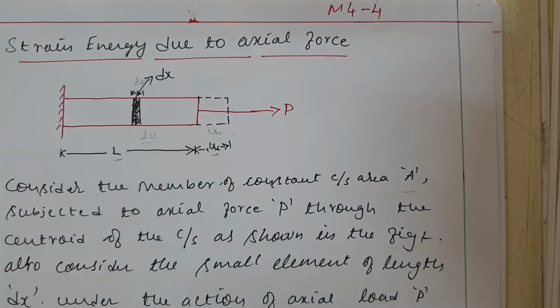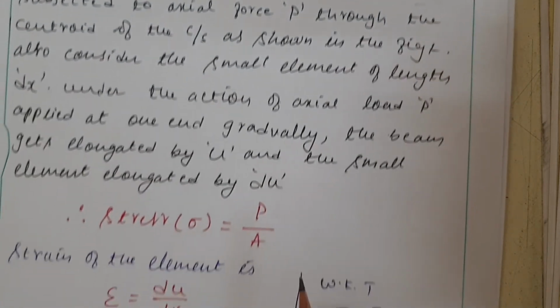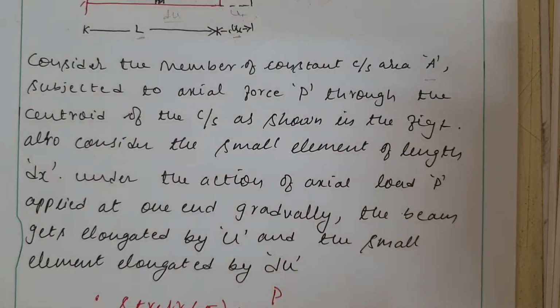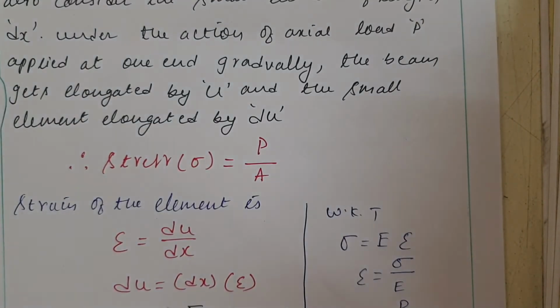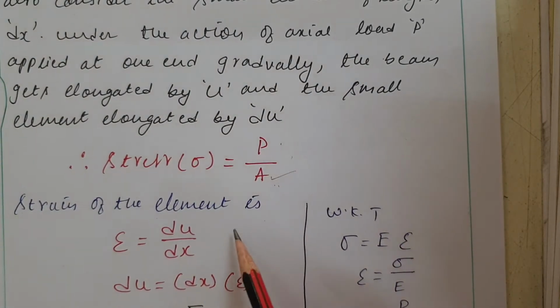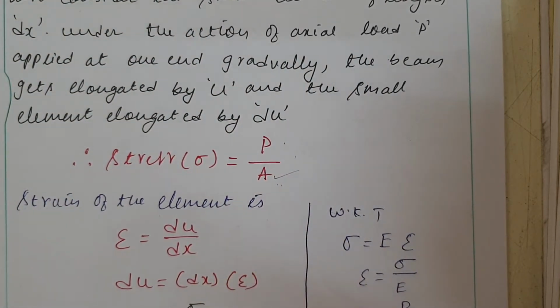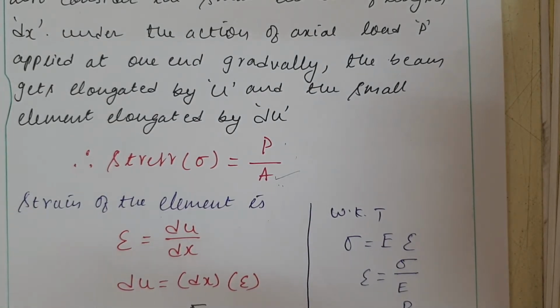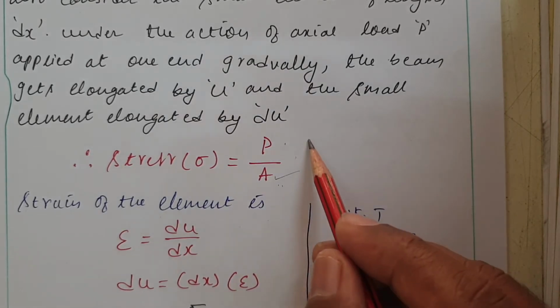From this we know the formula that I gave here, which you can go through once again, that I explained earlier. Stress will be equal to load by area. Here load is P and cross-sectional area is A. And we know the strain of an element, not the total bar, only the element, having the length dx and undergoing elongation du.